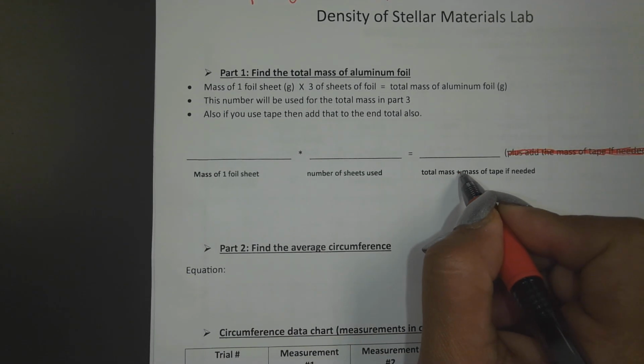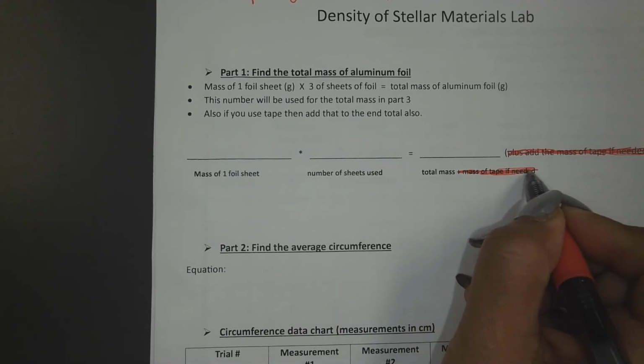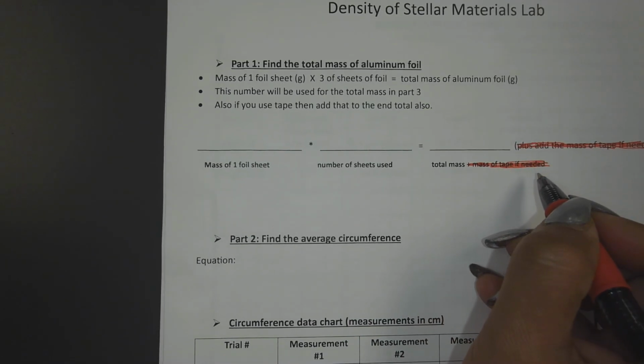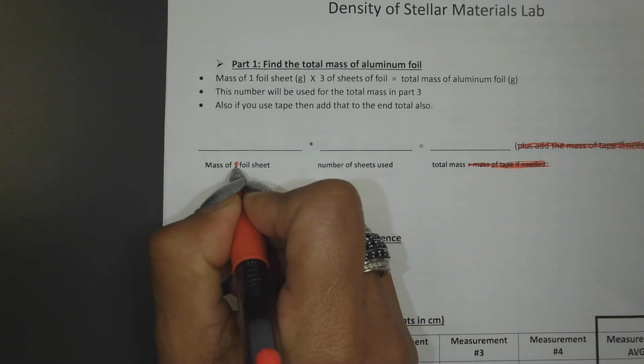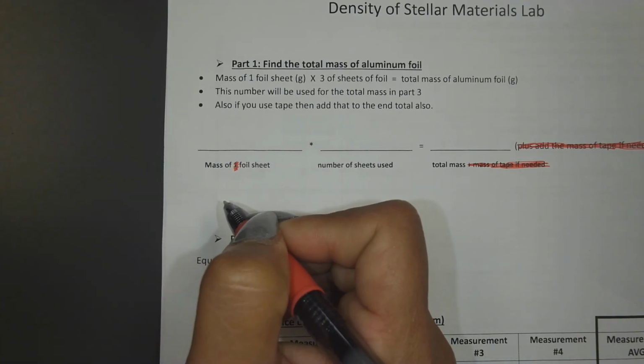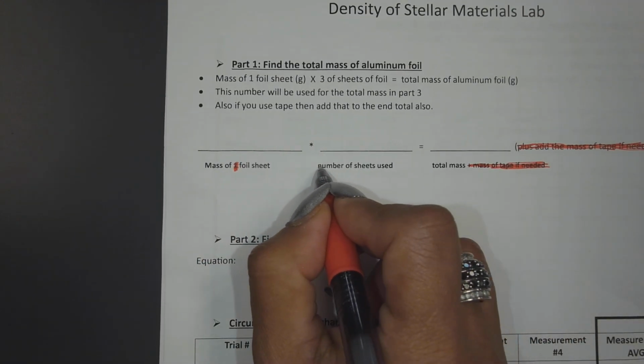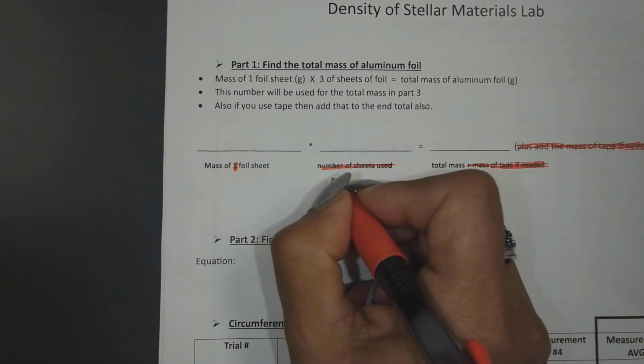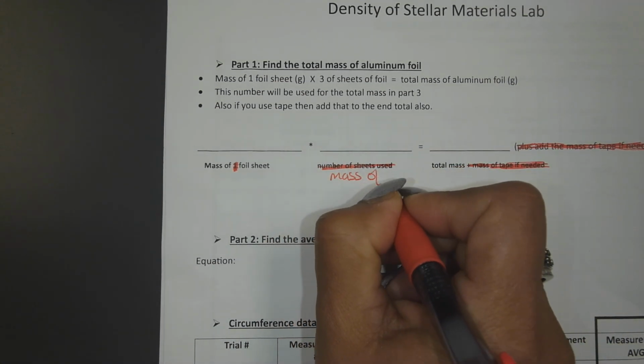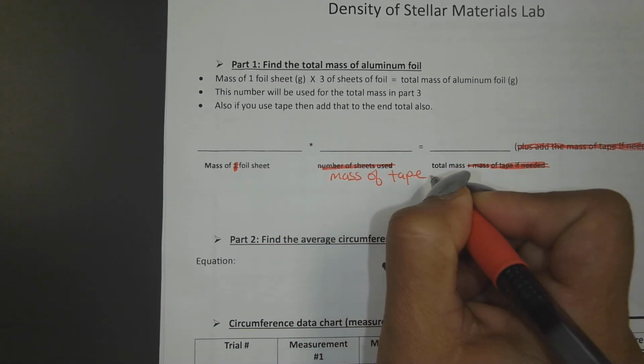Scratch this part out and just leave total mass. Scratch the number 1 away. I don't care how many, you might have 8 pieces of foil. Scratch this away and put mass of tape. Okay, I feel better now.